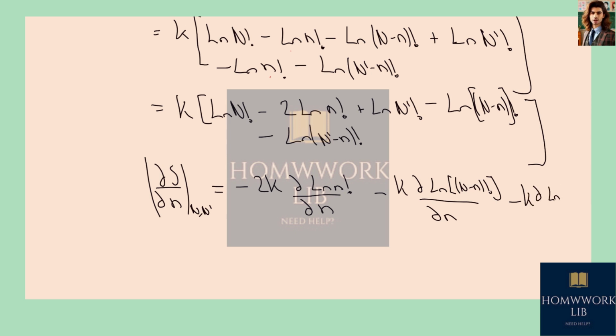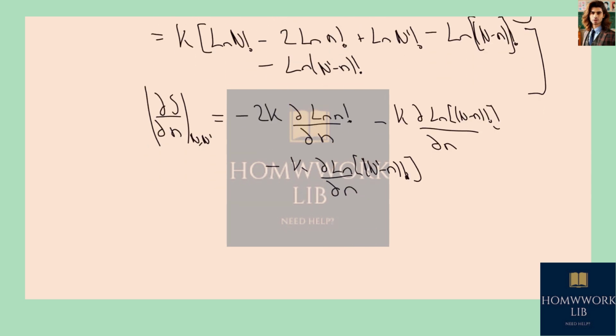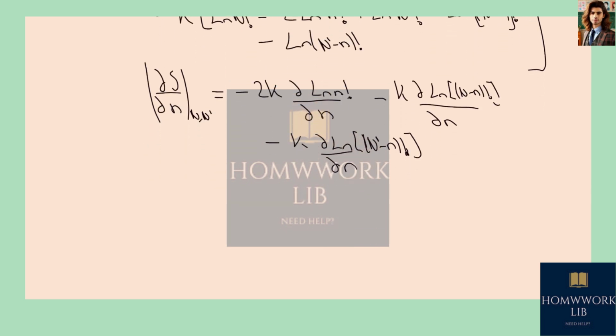Let me put it down here just to take advantage of the space. Minus k times the partial derivative with respect to n of this factor, n prime minus n factorial. As you're going to notice, all of the other factors are not going to depend on a small n, so we can discard them directly.